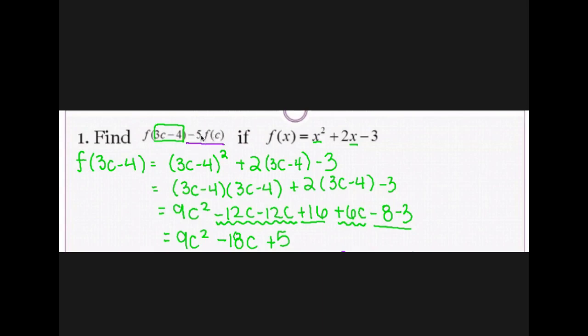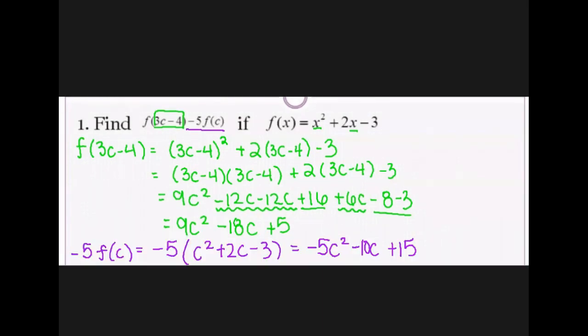Now I don't like negatives, so I'm going to actually distribute that negative 5c into the problem. So everywhere I have an x, I'm going to replace it with a c. And then I'm going to distribute that negative 5.